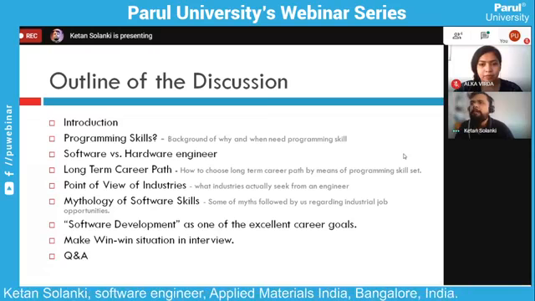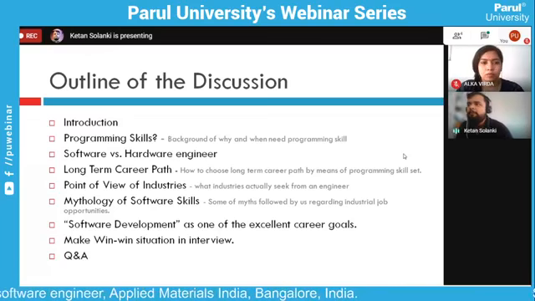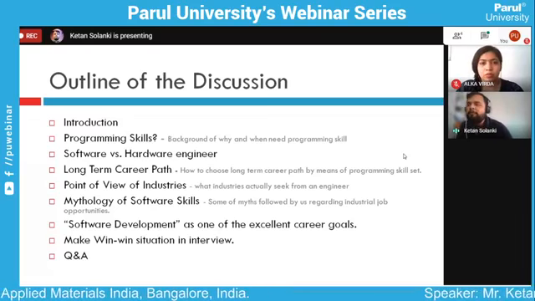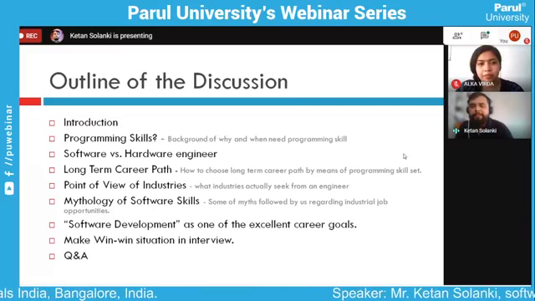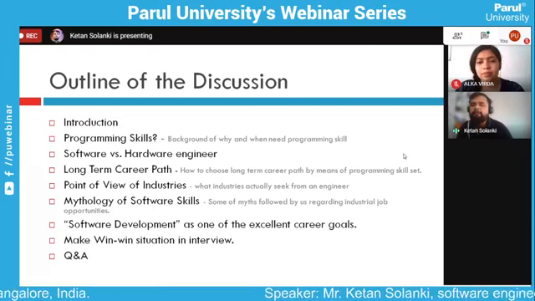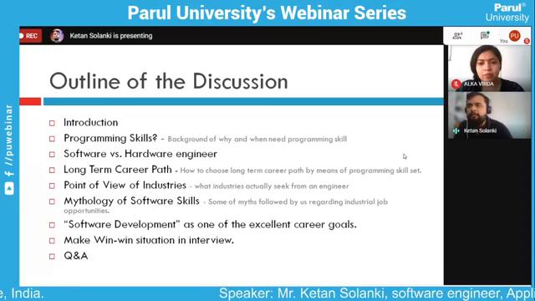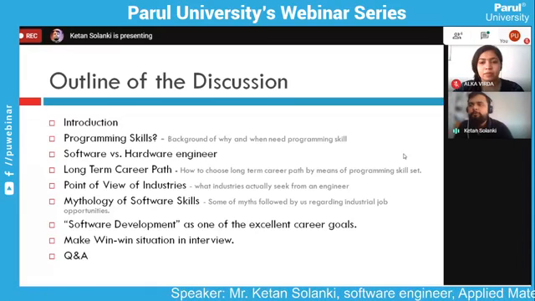Then, as we are going towards the software field, we should know the difference between being a software engineer and being a hardware engineer. Then we'll have a long-term career path, that is, by means of programming skills, how we can choose a long-term career path in future.